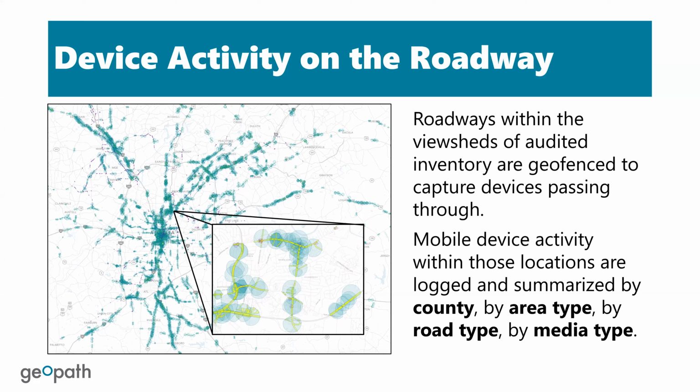And so what we're doing here is we're geofencing the roadways, not just the inventory, but the roadways from which they can be seen. And we're looking at this mobile device activity within those geofences, and logging that information to be able to summarize by county, by area type, by road type, and by media type.